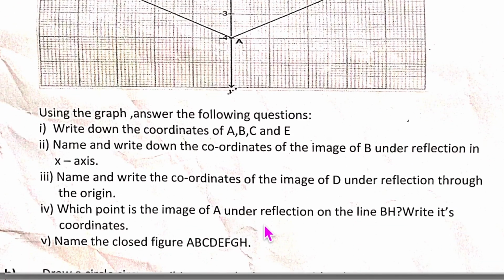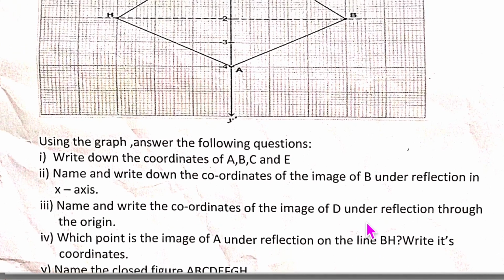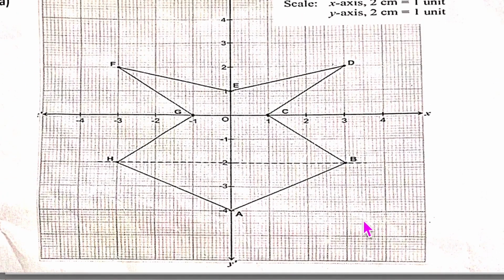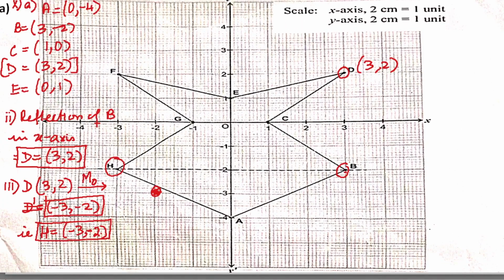So double check everything. Name the closed figure A, B, C, D, E, F, G, H. The fourth one is left. Which point is the image of A under reflection in line BH? What point is the image of A under BH? What is A?